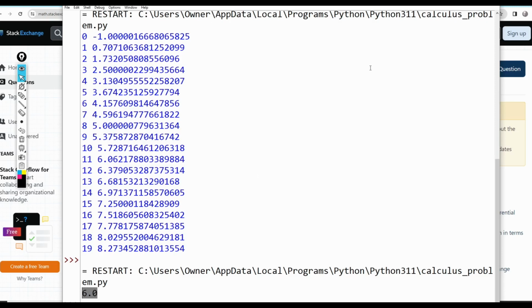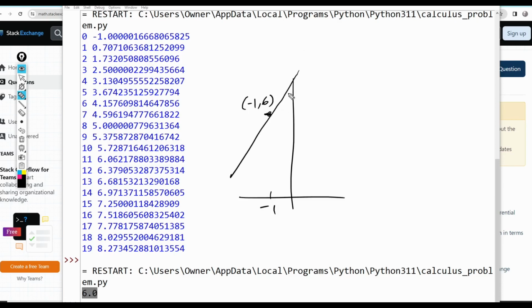So we could go to the big board here and just say, look, at -1, the line is, wow, perfect line. At -1, the line y is equal to 2.5x plus some y-intercept, at 6. So what's the y-intercept?